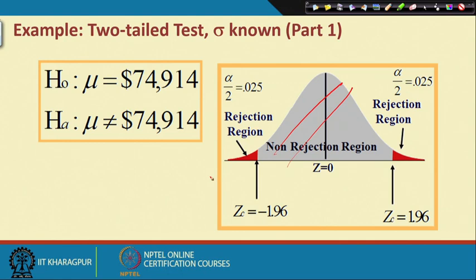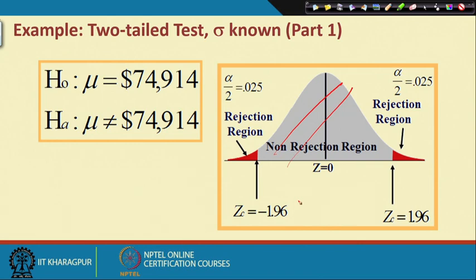Now, corresponding to this alpha, if you choose a particular test statistic, let us say Z, that is the standard normal distribution, then corresponding to the value 0.025, your Z value will be represented as minus 1.96, and accordingly this side will be 1.96.